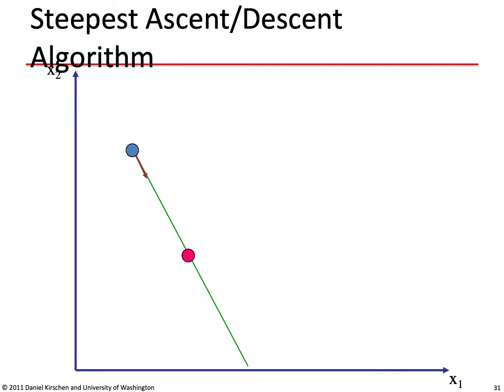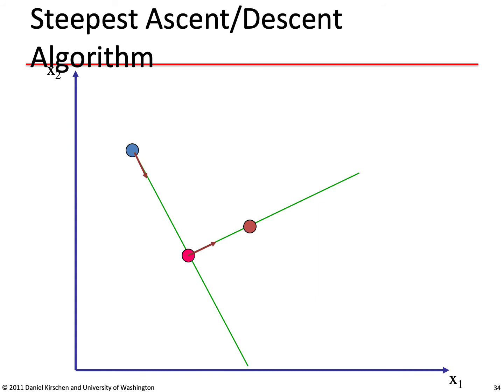So what we need to do at that point is calculate again the gradient. And that gradient will tell us in which direction we should proceed, because it identifies a new direction where the function increases most rapidly. So we can perform again a unidirectional search along that direction, and that will give us another point where the function is maximum along that direction. But again, that point is probably not the minimum or the maximum.